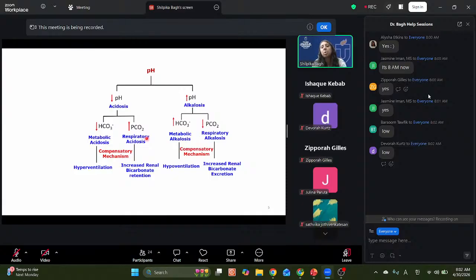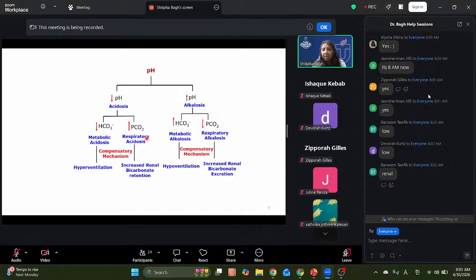Compensation you already know. When the cause is metabolic, who compensates? Respiratory. But when respiratory is the problem, who compensates? Renal. So that's the basic. But first, diagnosis. Look at the pH. Diagnose acidosis or alkalosis. Low pH, you just said acidosis.